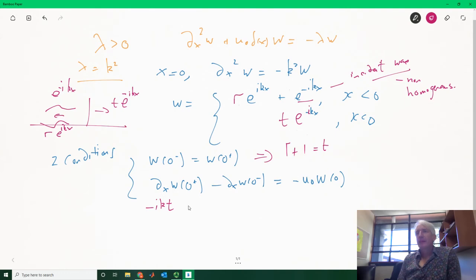And then we've got to be slightly careful here: minus IKR plus IK is equal to minus U0 times W at 0, and because these are equal here, we might as well put this as T. So that's one equation, and that's another equation, and we have to solve those two equations to get a value for R and T. It doesn't look too scary, does it?